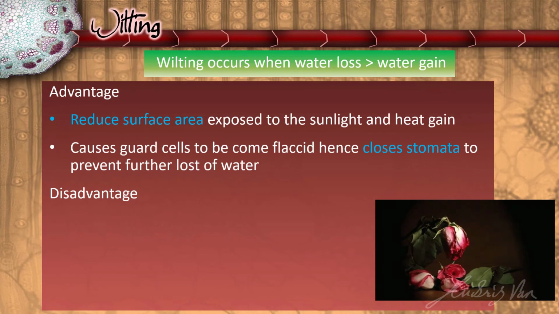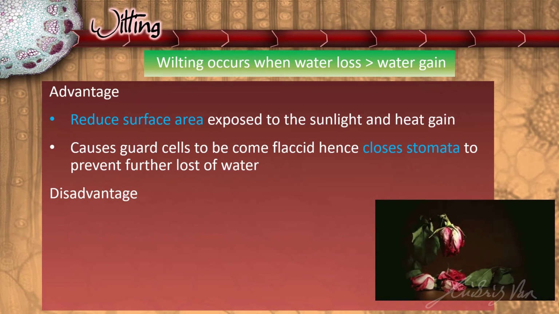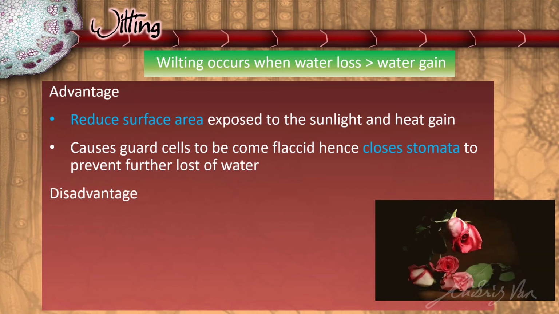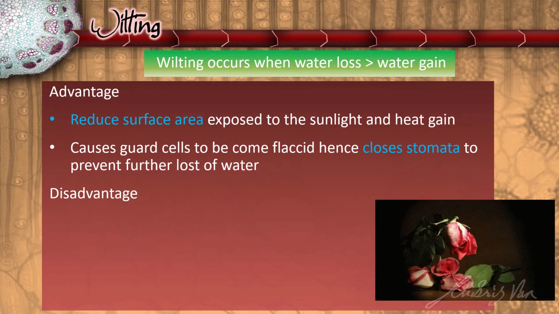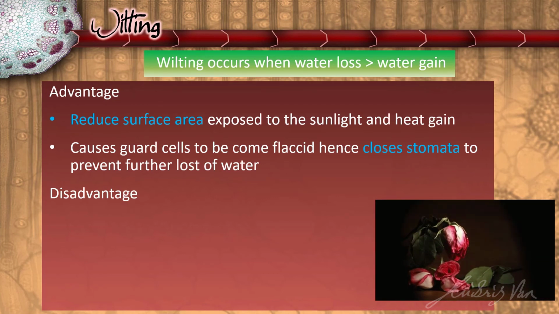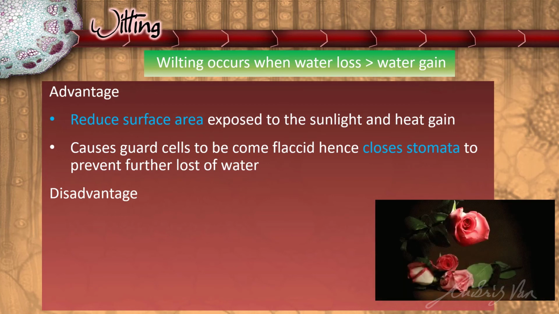Wilting will reduce the surface area exposed to the sunlight as well as reduce the heat gain, because the plant does not want to gain more heat to increase the rate of water loss. This will also cause the guard cells to become flaccid, hence it will close the stomata to prevent further loss of water. Then you might ask, how does it proceed to photosynthesize?